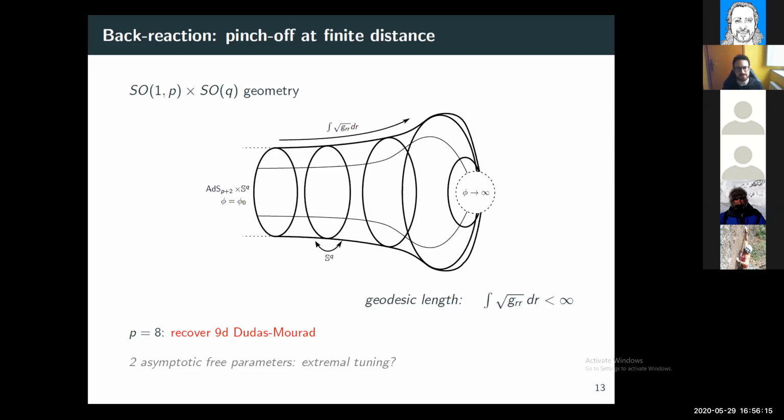And what we found is that indeed one can recover an infinitely long AdS throat, characteristic of such extremal objects. But then once one goes far from the throat, instead of opening up to an asymptotically flat infinity, the space closes off at a finite distance with a curvature and coupling singularity.